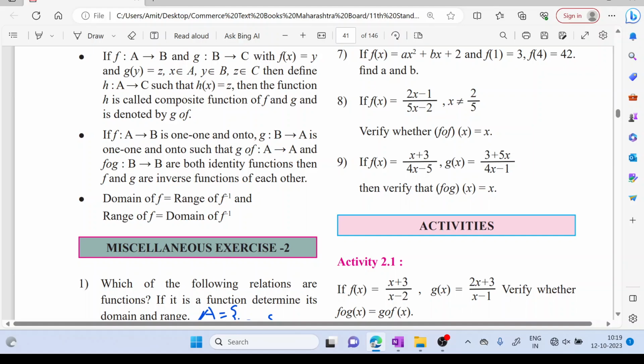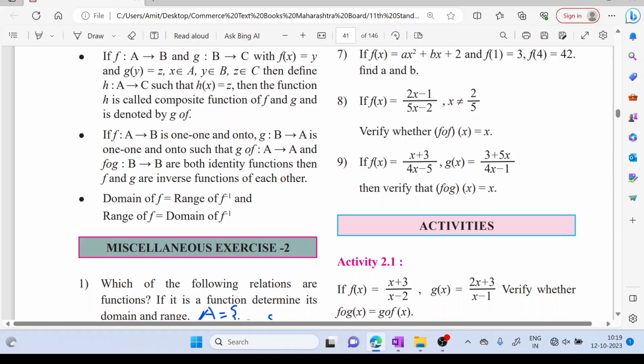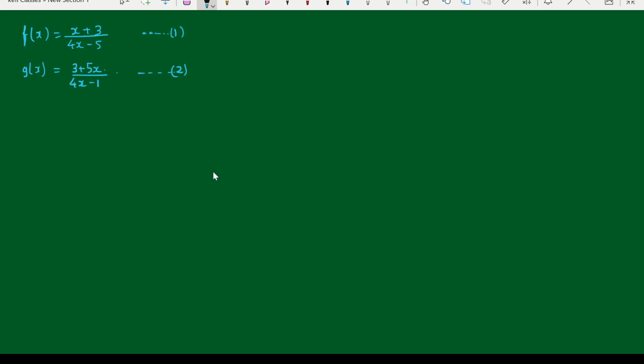3 plus 5x upon 3 plus 5x, and this is g of x. Question is FOG of x. So find FOG of x.